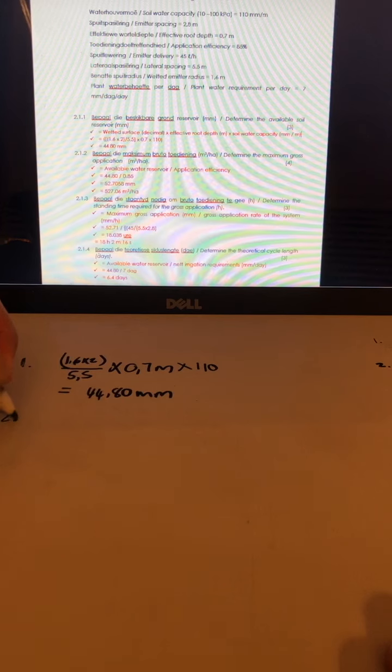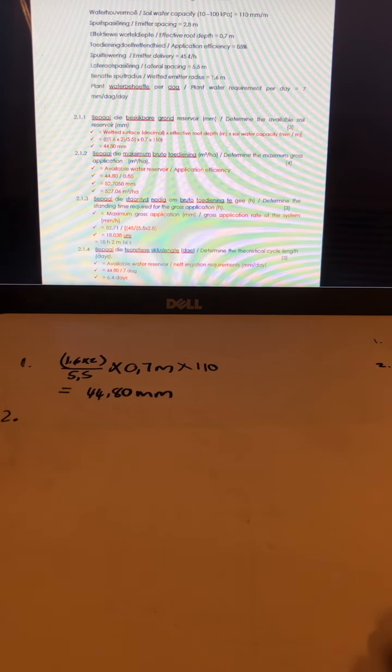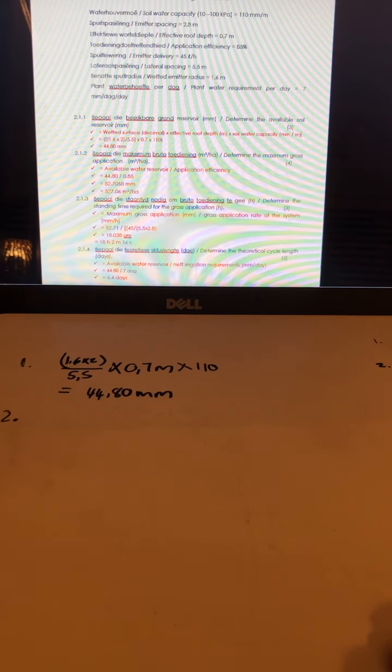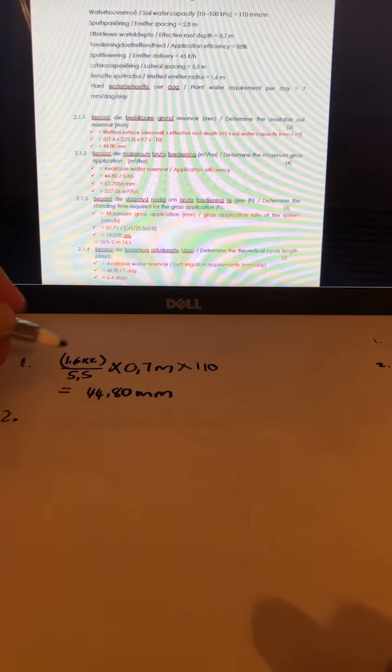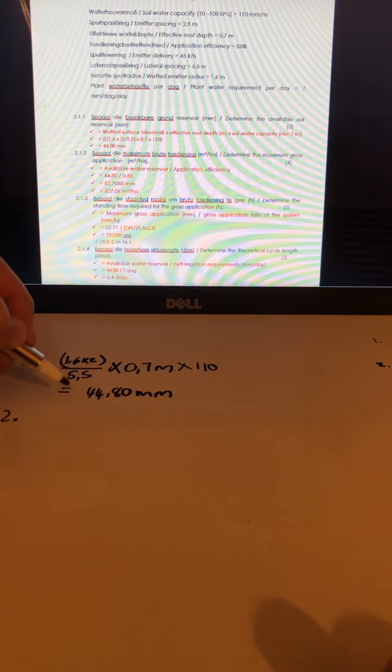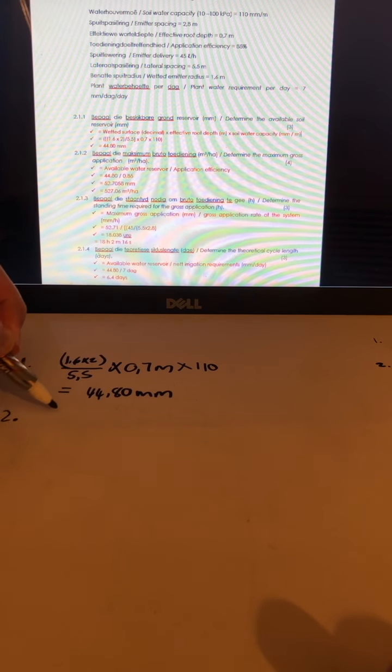The next question is the maximum gross application. How much should you apply in order for your system, with its evaporation losses, to end up with the needed amount in the soil? That is your available water reservoir, which you calculated in number 1, divided by your application efficiency.